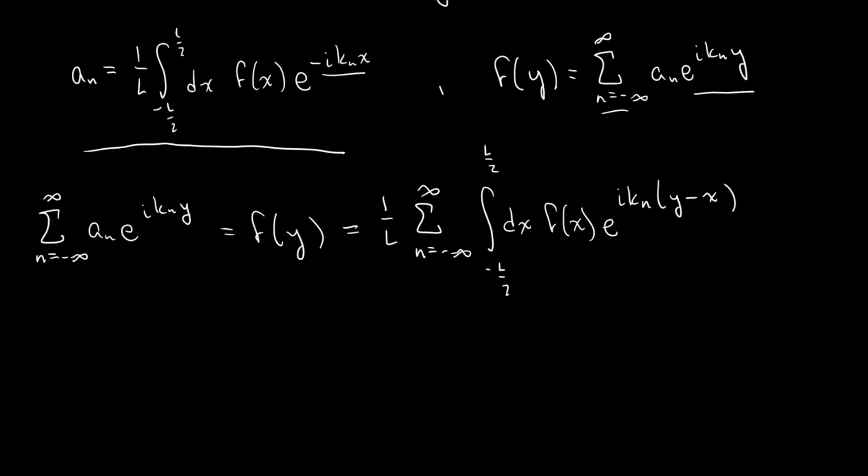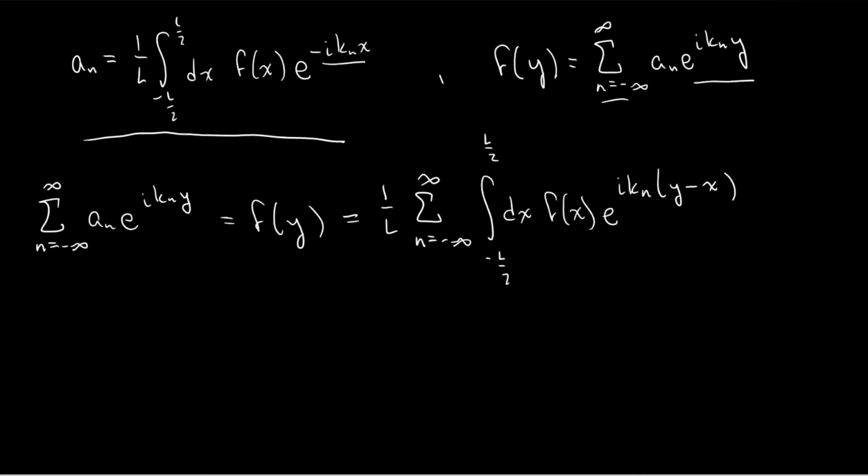Okay, so what is this telling us? This is saying that this sum here, 1 over L, sum over n equals minus infinity to infinity, e to the i k_n (y minus x), is actually a special thing.